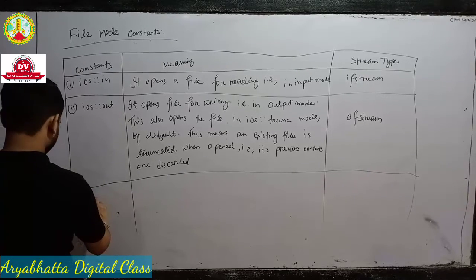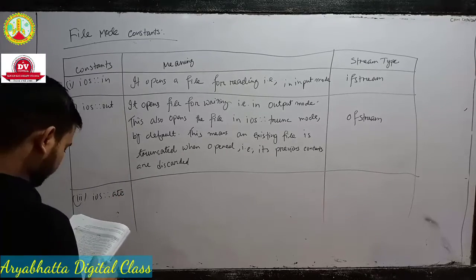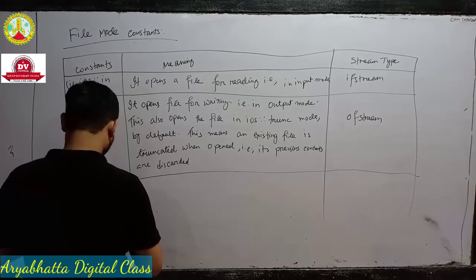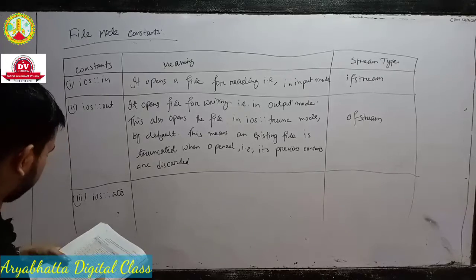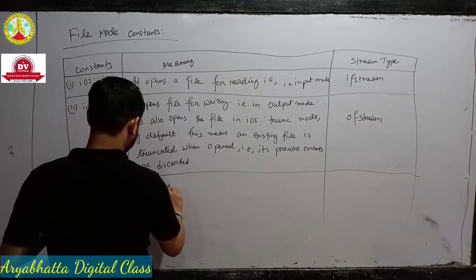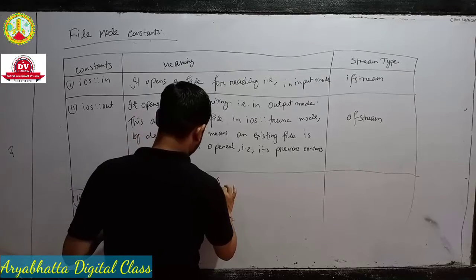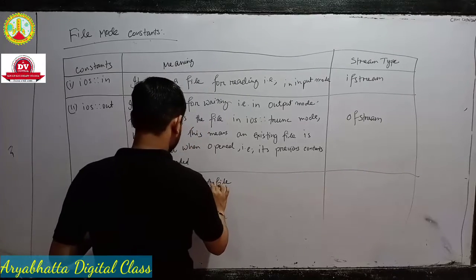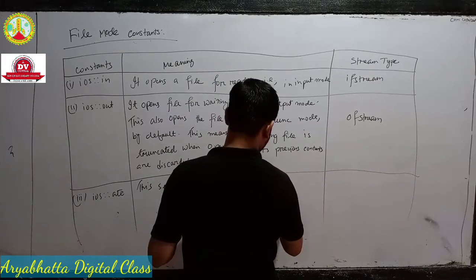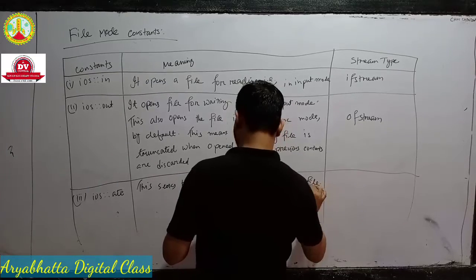And third one is ios::ate. This is for both input and output stream use. This sets the end of file upon opening of the file.